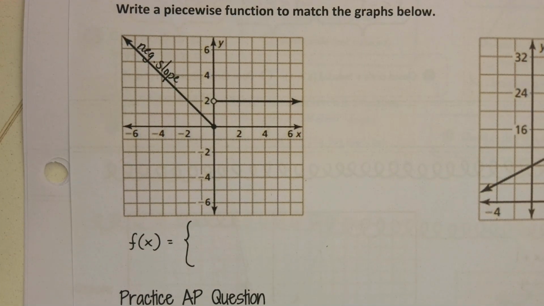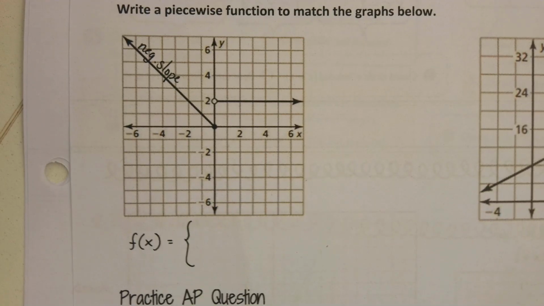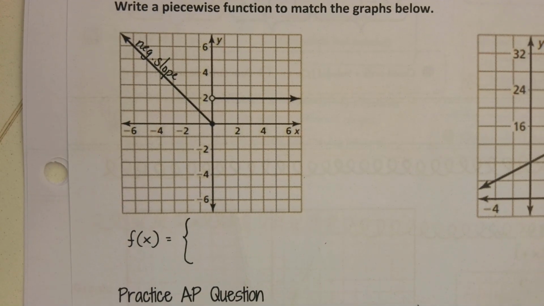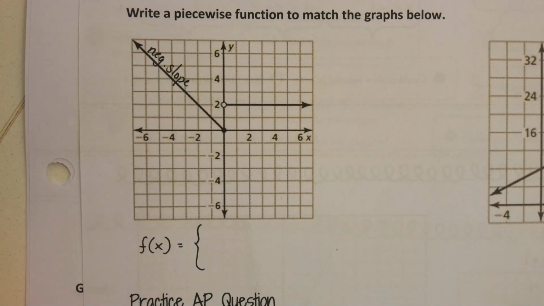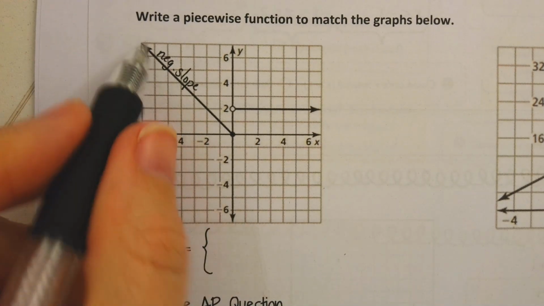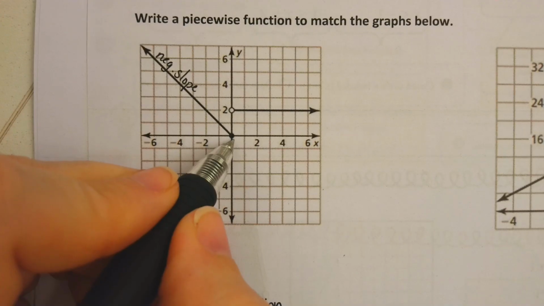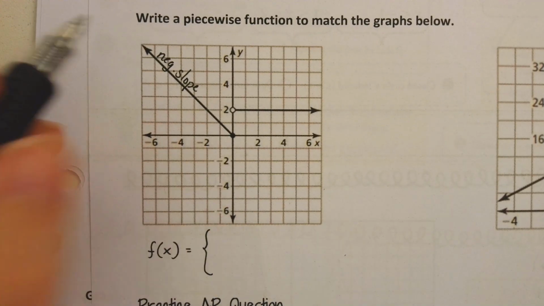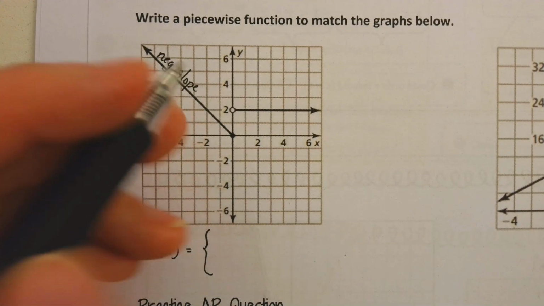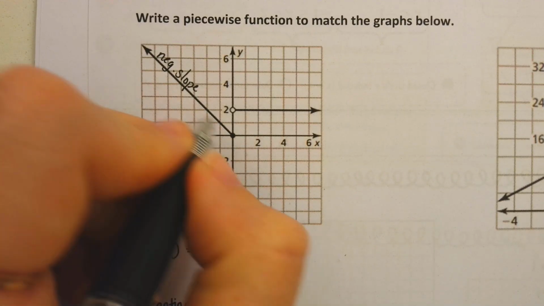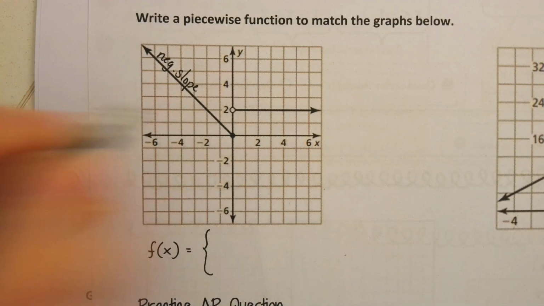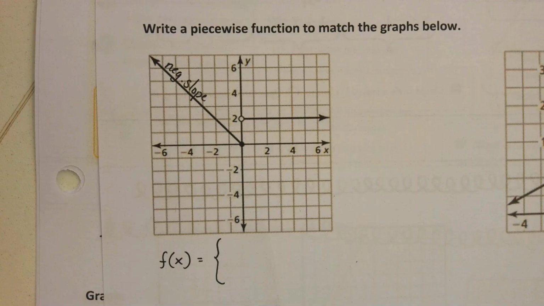Do you want to do the sloped line first or the horizontal line first? Sloped line. Okay, for the sloped line, what's its y-intercept? See the y-intercept? 0. Good. And then its actual slope, if we did down 1, right 1, down 1, right 1, what's its actual slope? -1. Yeah.